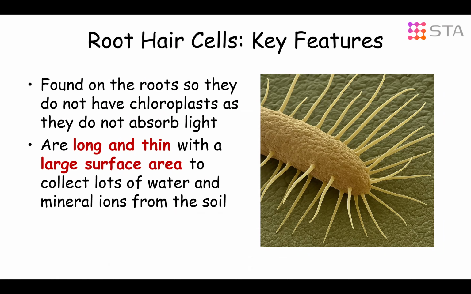Chloroplasts are structures which absorb light. Because the root hairs are in the soil, they do not even get any light. So root hair cells do not have any chloroplasts, but they do have all of the other things, including cell walls, cell membrane, mitochondria, cytoplasm, nucleus, and so on.